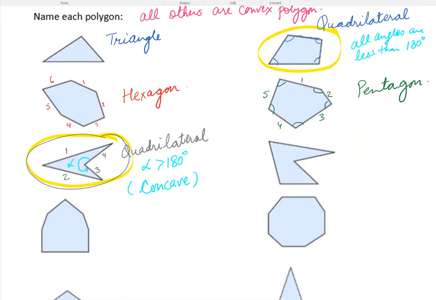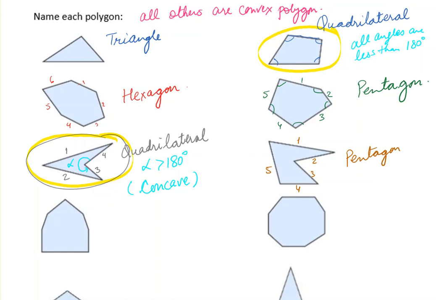So let's move on to our next shape. In the next one we have how many sides? 1, 2, 3, 4, 5. 5 sides. So this is called a pentagon again.